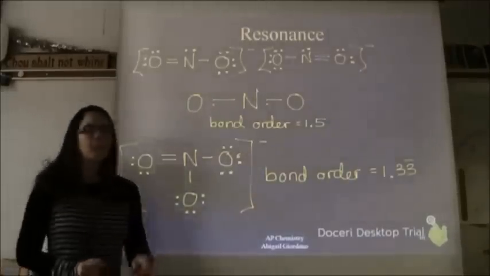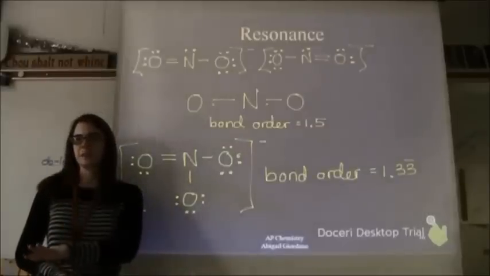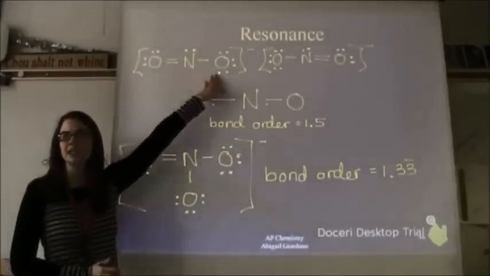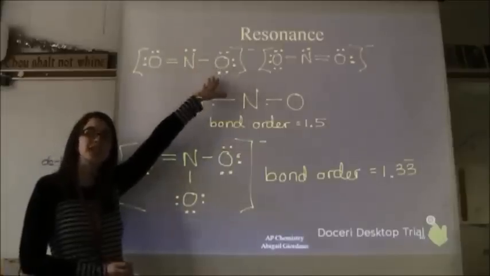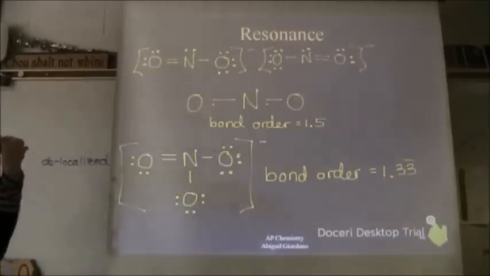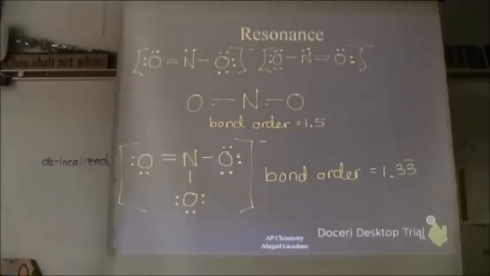Now, a couple of things here. Just because nitrite experiences resonance, does that mean that when you're answering a question for something like nitrite, no matter what the question is asking, we always have to draw out both of those structures?